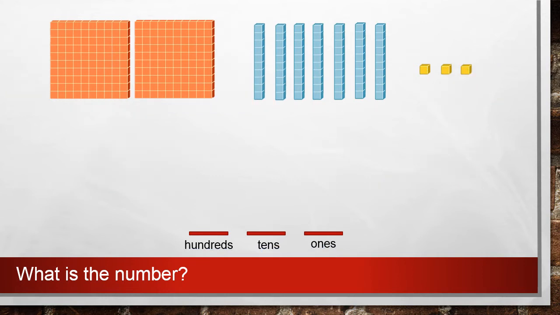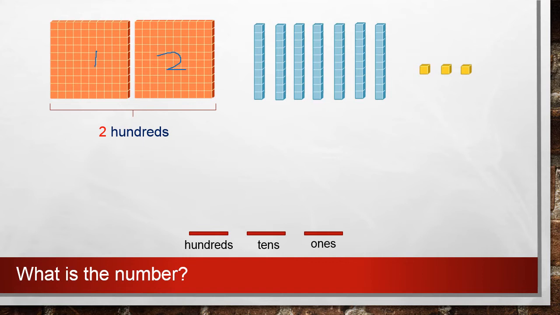Second example. We start with the biggest block first. That is orange in color. Alright, how many blocks of 100? 1, 2. So we have 2 blocks of hundreds. 2 hundreds.